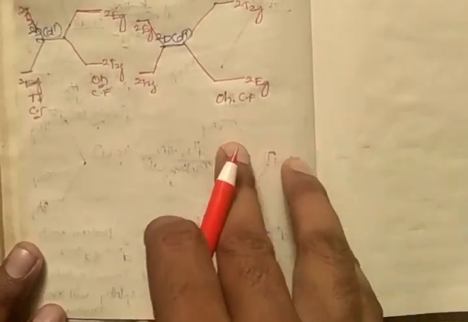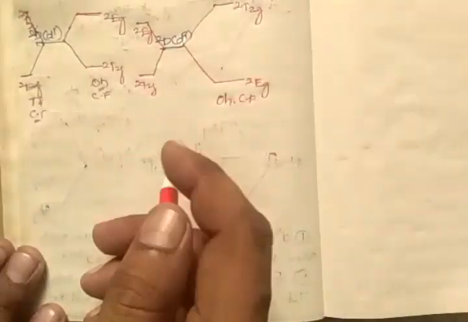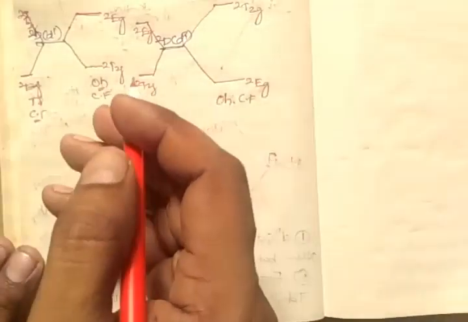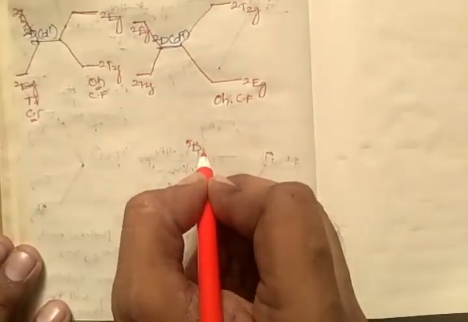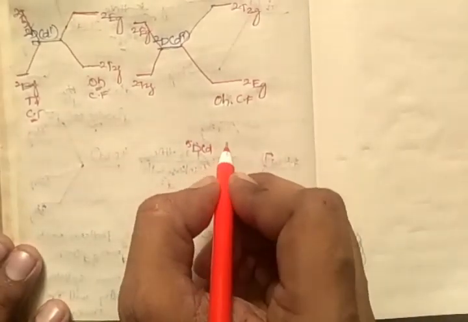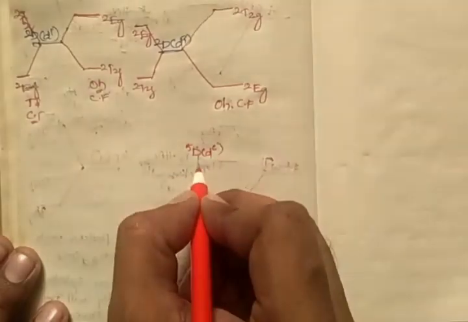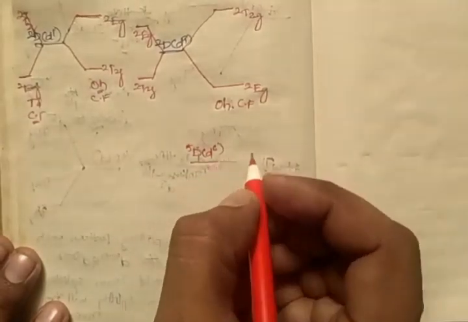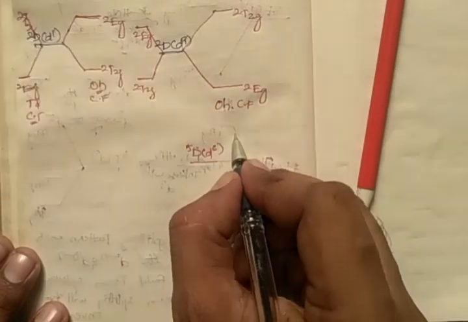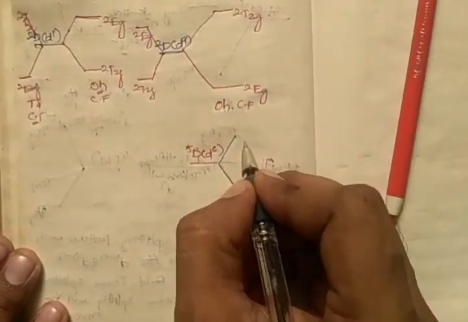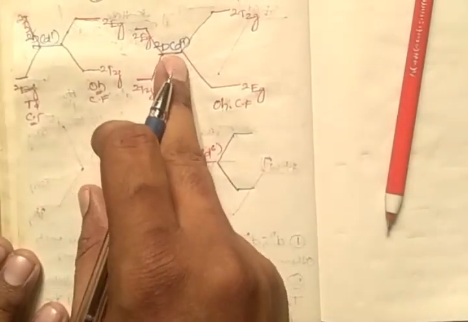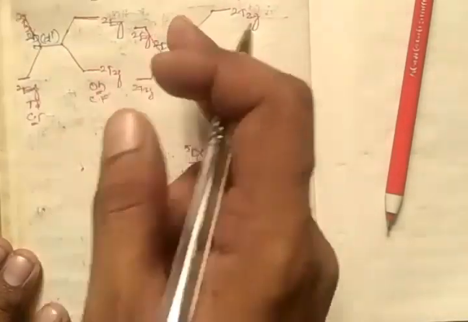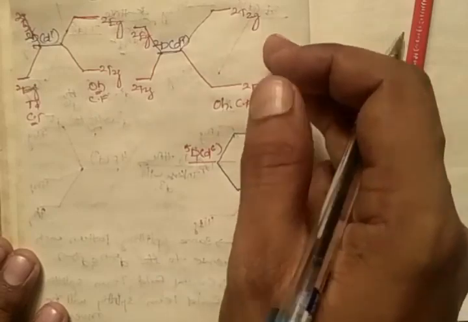Like this we have, and extending this splitting pattern to the 5D term of the d6 electronic configuration, the splitting in octahedral and tetrahedral will be similar to the 2D term of the d1 configuration.